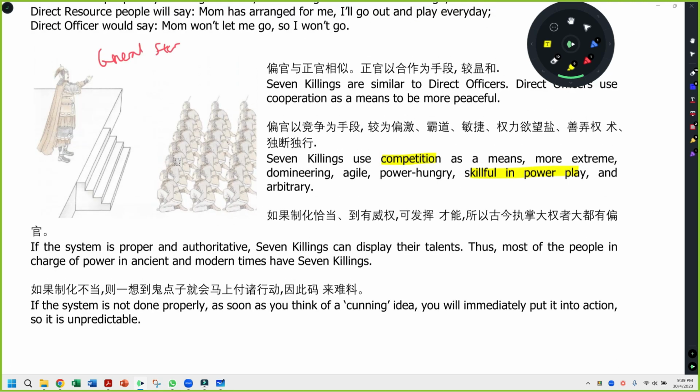And if the 7 Killing is an unfavorable element, then this person becomes too cunning and will immediately jump into action, and therefore becomes unpredictable. So again, to trap a 7 Killing is the same thing: challenge the person and win.